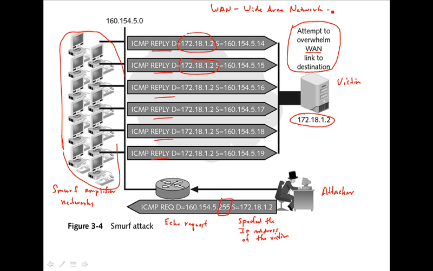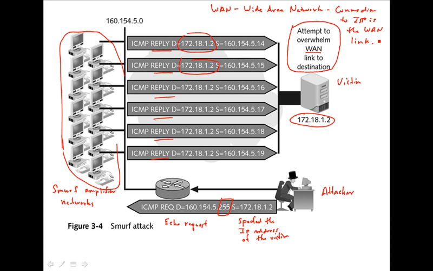So the WAN link is the connection to the ISP. And your connection to the internet is not, for lack of a better word, a pipe of unlimited size.